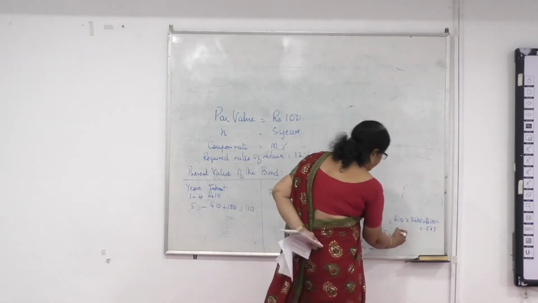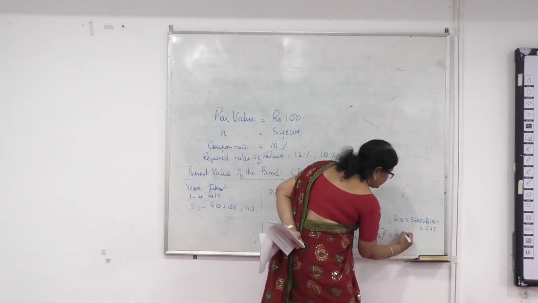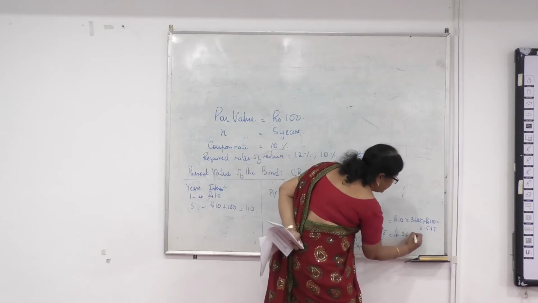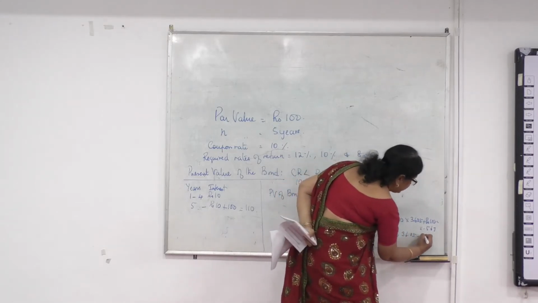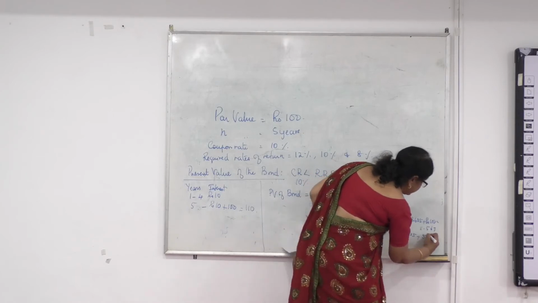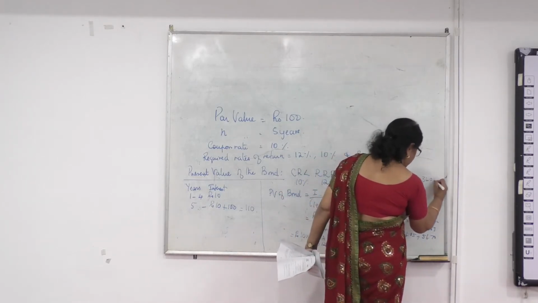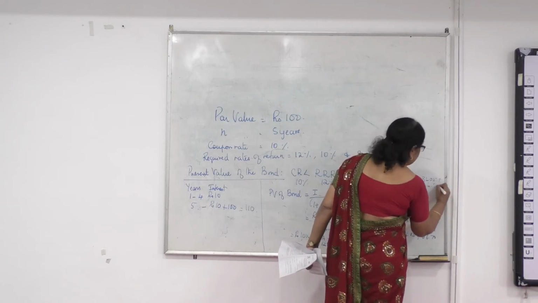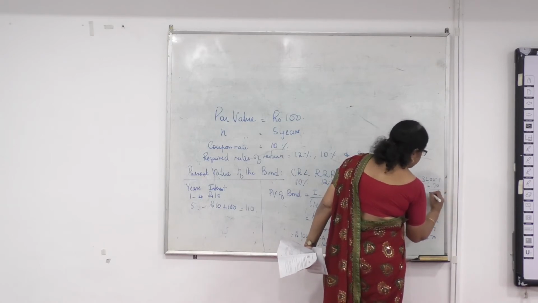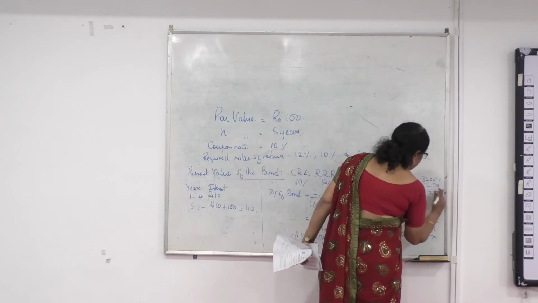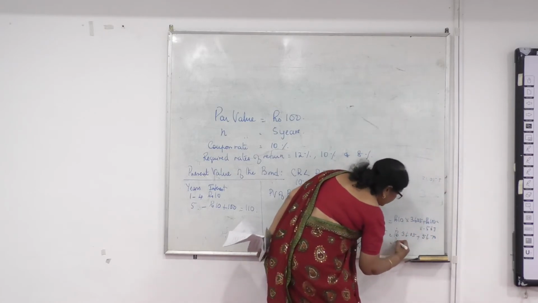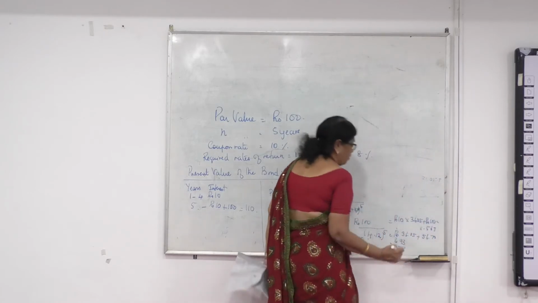It will be about 36.05 plus 56.70, which comes to about 93 rupees. So I will be willing to pay only about 93 rupees to procure this bond.